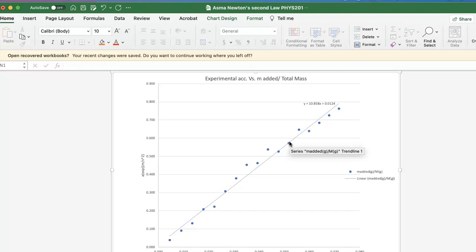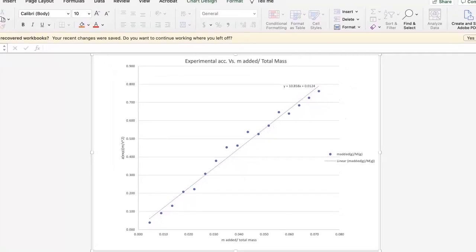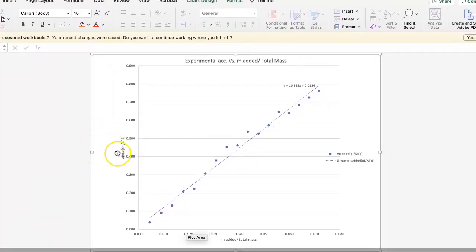I should label my axes, the x-axis and the y-axis, each with a label and a unit, and also have a title for my lab. Then you're going to insert the equation on the graph.